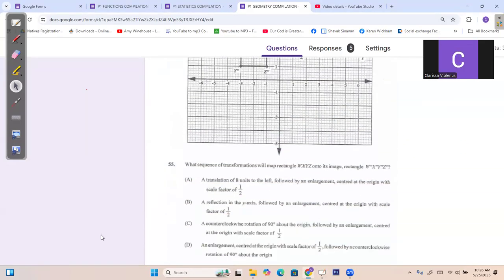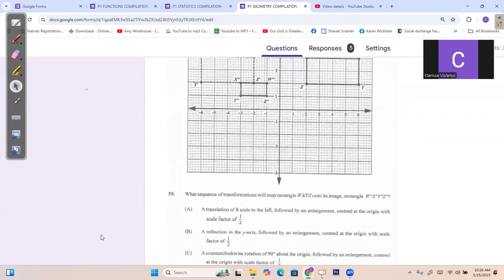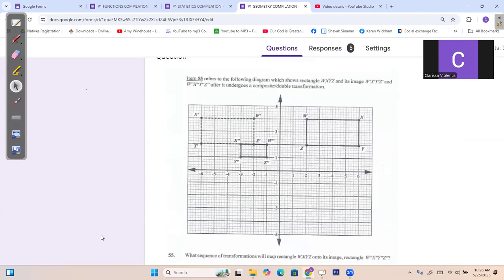It said which sequence will transform the map to the double one? Which sequence will transform this to the double one?